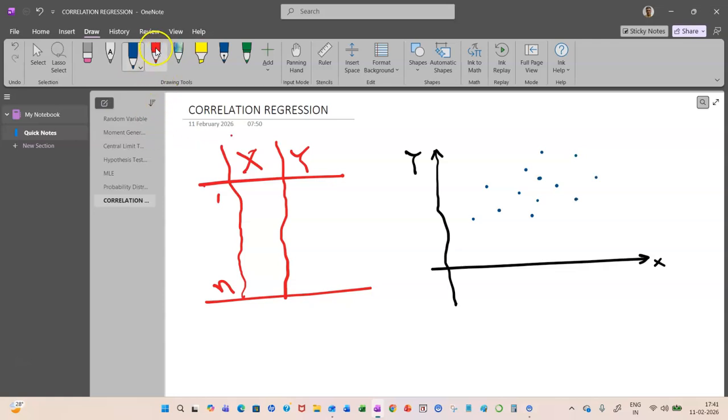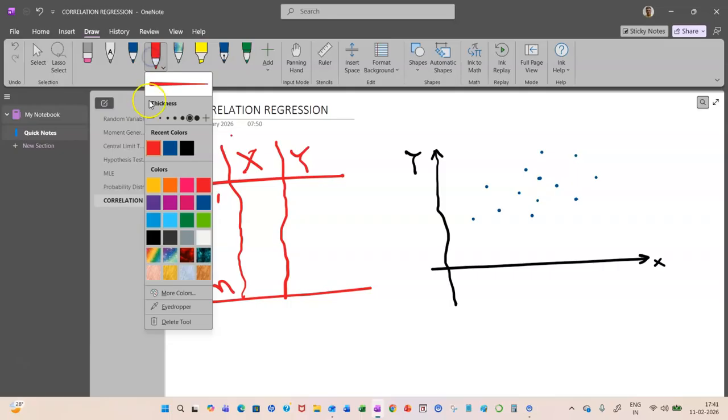Correlation is a measure of the linear association between the two variates.